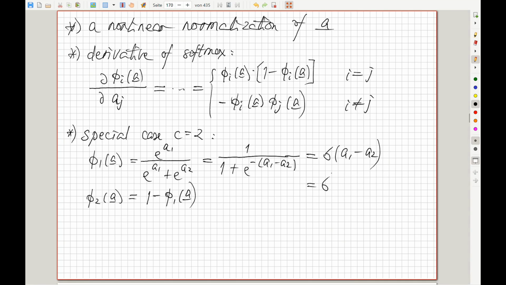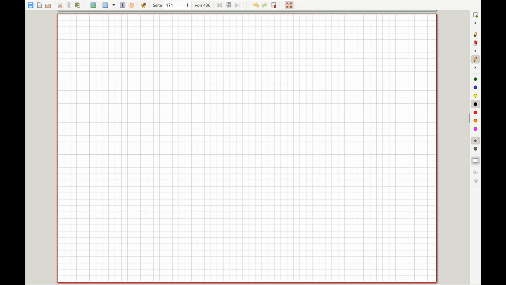It is nothing other than the same sigmoid activation function, but we change the order: a2 minus a1. So this implies, I'm going to use the next slide, this means now we have the equivalence. For a binary classification problem, theoretically, you can still use the softmax. It's not wrong.